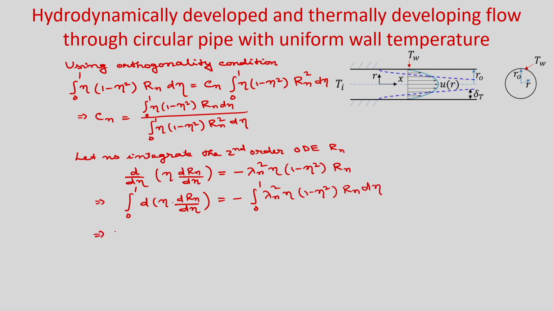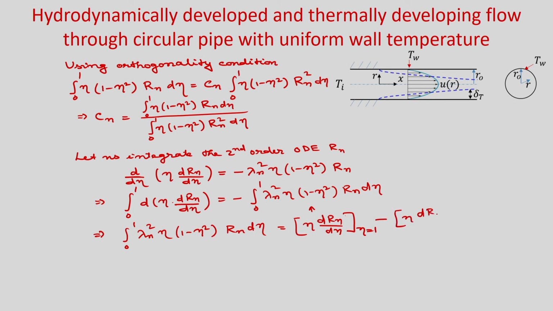Okay. So, you can see this integral, then you can write 0 to 1 lambda n square eta 1 minus eta square R n d eta as eta d R n by d eta at eta is equal to 1 minus eta d R n by d eta at eta is equal to 0. Okay.